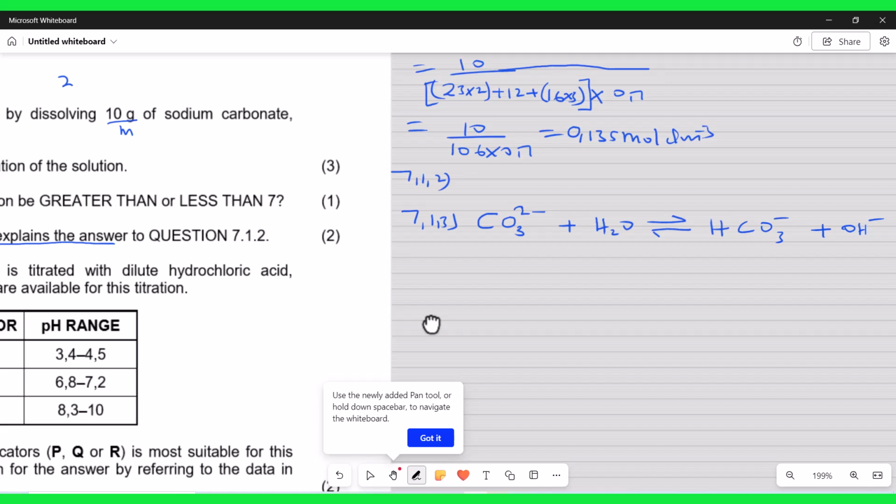So the presence of these OH ions in solution is going to make my pH greater than 7.